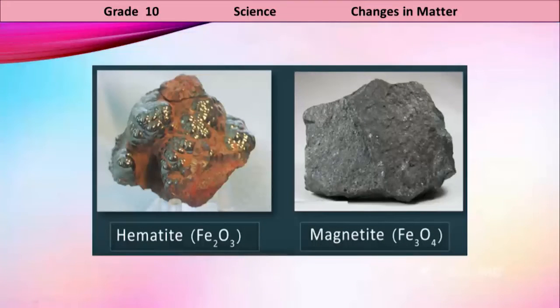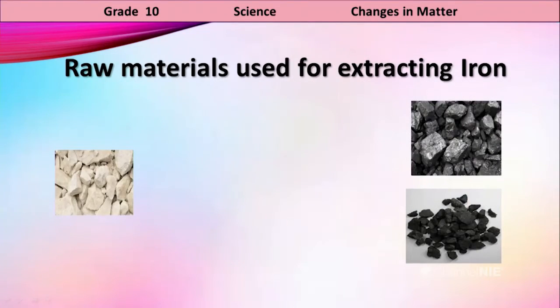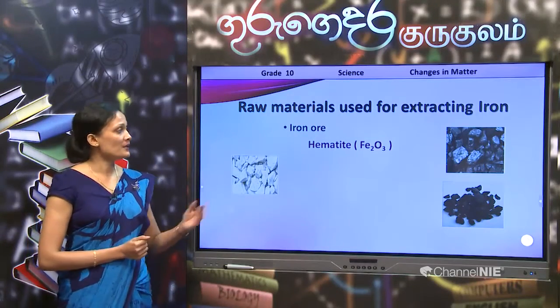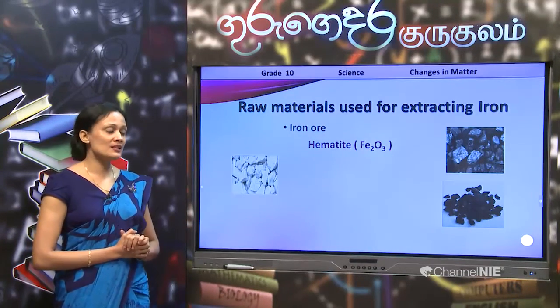Sometimes a little magnetite can be present with the iron ore, but here we consider hematite only. To extract the iron, we need to get some raw materials. Here I am going to explain the raw materials that we need to use for extracting iron. Iron ore, the main component in it is hematite.